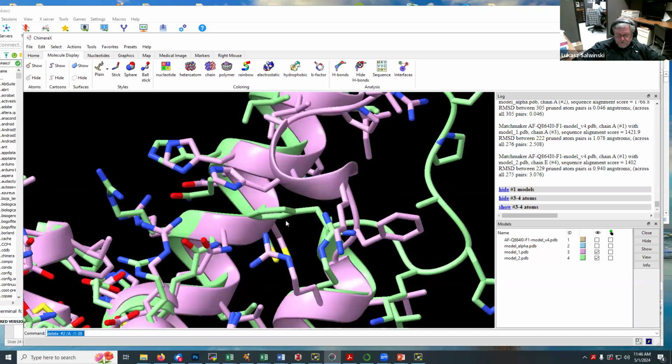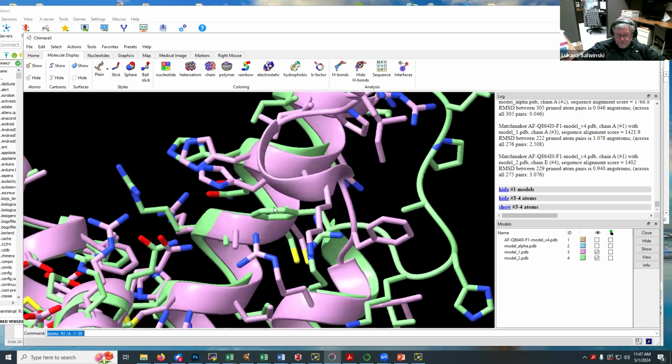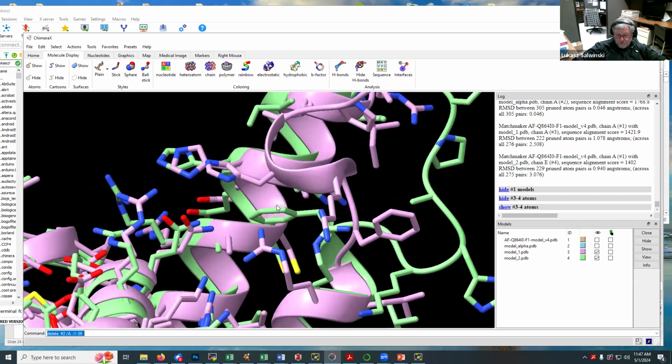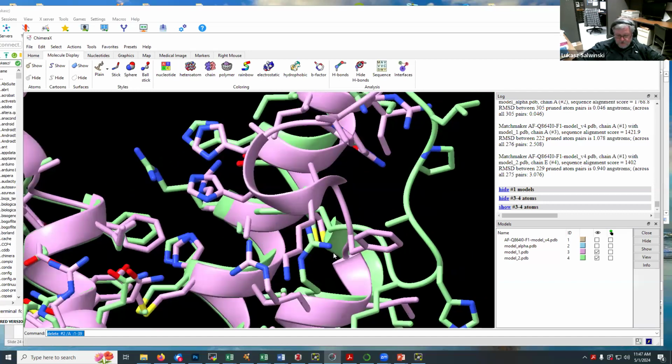If we were to look at the loop here versus the loop here as an alternative, this is presumably the same phenylalanine. This is phenylalanine 235 in model number 4, and that's 235 in model number 3.